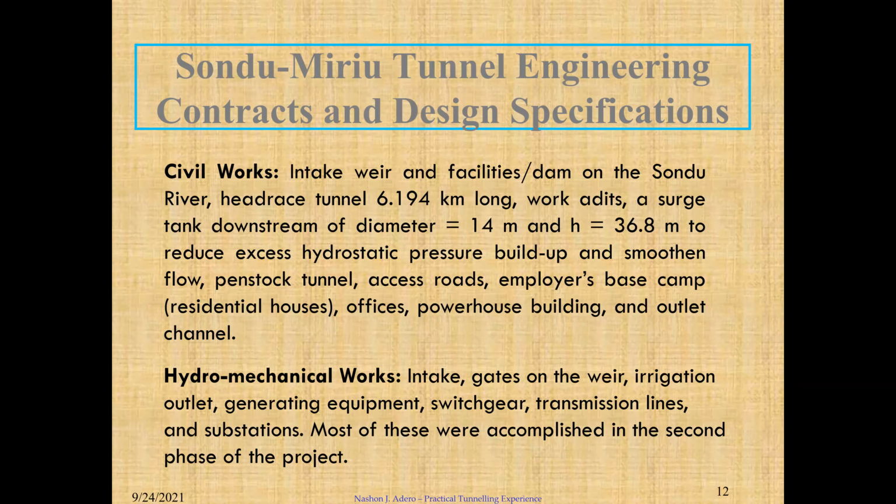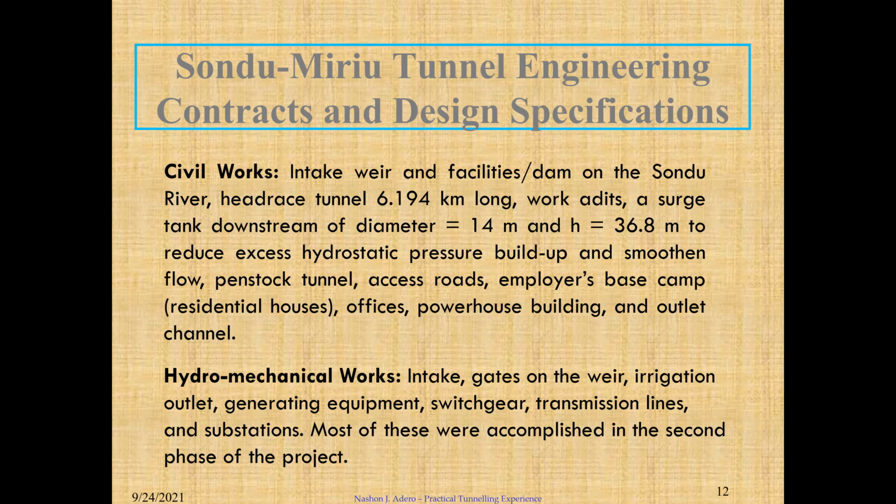What is the role of the surge tank? The surge tank is meant to reduce the excess hydrostatic pressure built up as the water has traveled that long distance of more than 6 kilometers. So it comes with a lot of kinetic energy. So the surge tank is to offset that excess hydrostatic pressure, that surge.